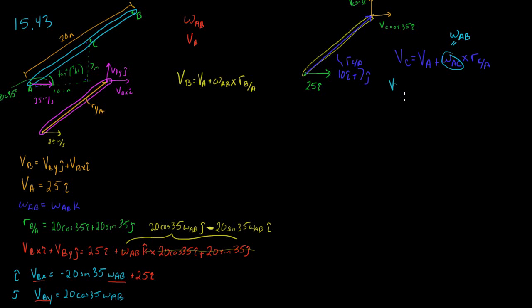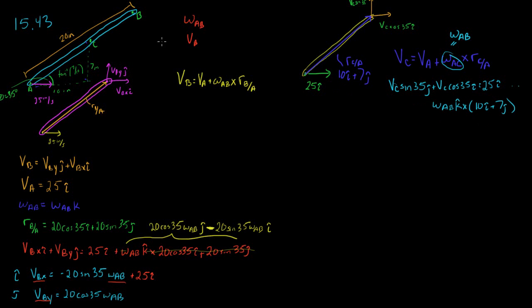Okay, so we have the velocity of C times the sine of 35j plus the velocity of C times the cosine of 35i is equal to 25i. And I'll move the cross product down here a little bit. I'm pretty bad at space management. So we have omega AB with a k, which is crossed with 10i plus 7j.